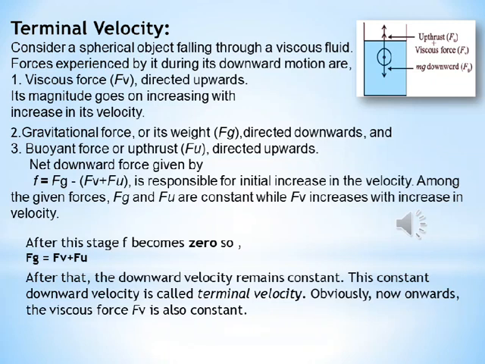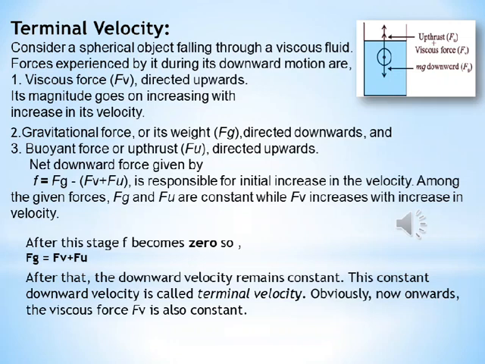So by considering all three forces, what will be the net downward force? The net downward force is small f, given by the equation f = Fg minus (Fv plus Fu). Fg is the weight of the ball, so it is positive.